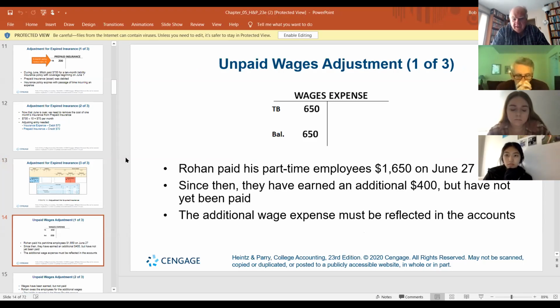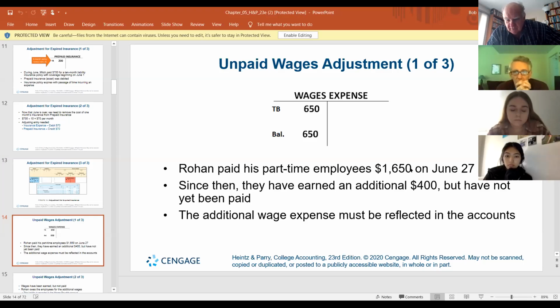During the last week of the month, you earned up until June 27th, you earned $1,650, and you already got that paycheck. The company debited salaries expense and credited cash.